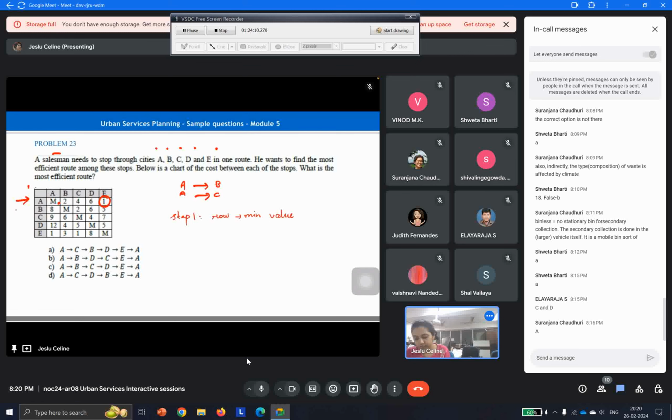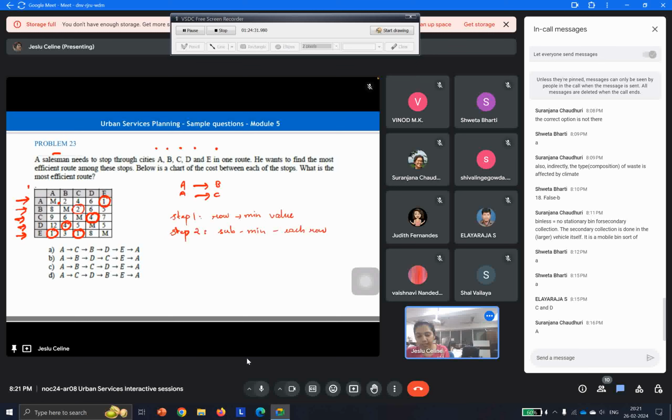For row B, 2 is the minimum value. C, 4; D, 4; and E, it is 1. It's there in 2 places, so 1. That's step 1, identification.